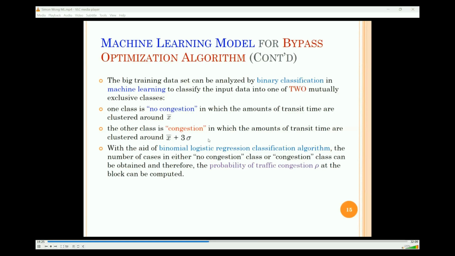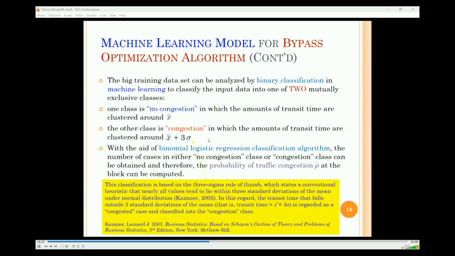This is based on the 3 sigma rule of thumb, which states a conventional heuristic that nearly all values tend to lie within 3 standard deviations of the mean under normal distribution. And in this regard, the transit time that falls outside 3 standard deviations of the mean is regarded as congested case and classified into the congestion class.